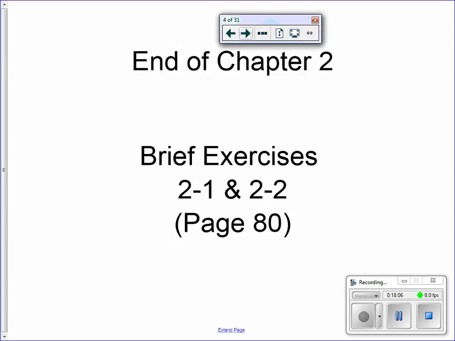Yeah, and we're trying to do 2-1 and 2-2. So you don't have them in your workbooks, so you'll put these in your notebooks. In your book, you'll find it on page 80. We're doing 2-1 and 2-2 for brief exercise. Yeah, that's a do it.